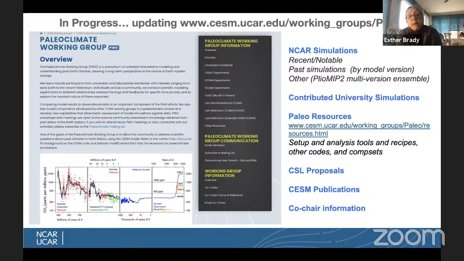Once they're made available to the public and papers are written, we can envision seeing some links from interested community members so that we can highlight work that the community is doing. And the community is doing such great work that I think we ought to highlight it, and people out there interested in using CESM for paleoclimate will be able to find what's happening, what people are doing.